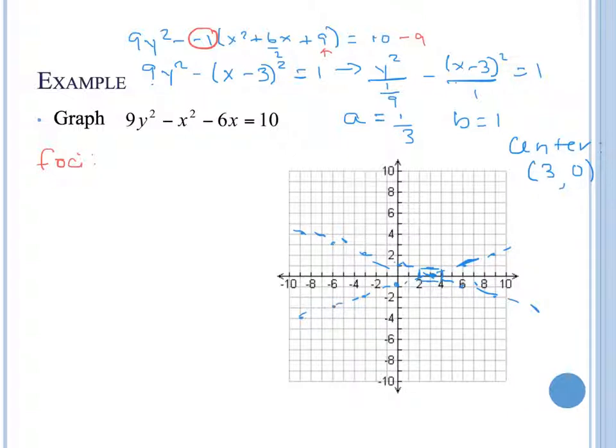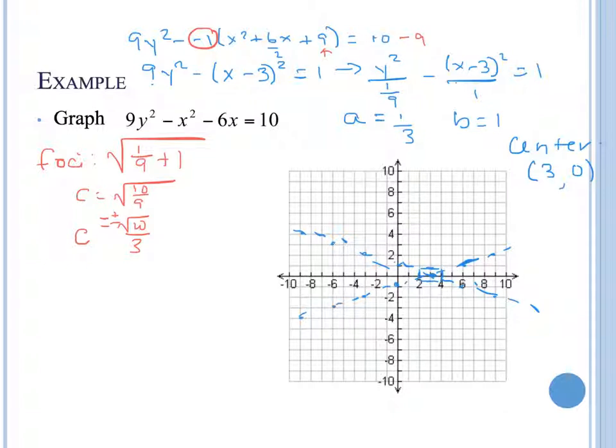So I would take the square root of 1/9 plus 1, which is the square root of 1 and 1/9. And 1 and 1/9 would also give me the square root of 10/9, or the square root of 10 over 3, plus or minus.